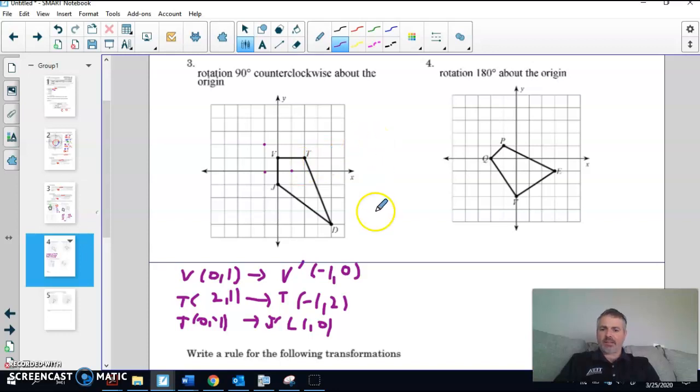And then lastly, D is at what? 1, 2, 3, 4. So 4, negative 4. So again, if I switch and change the Y, that becomes 4, positive 4.